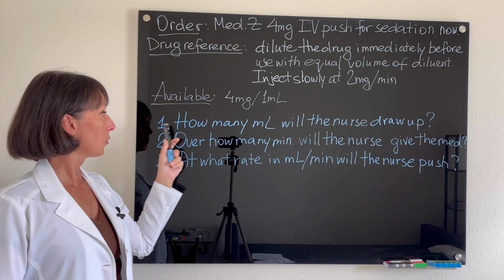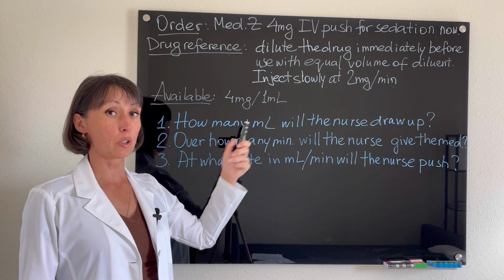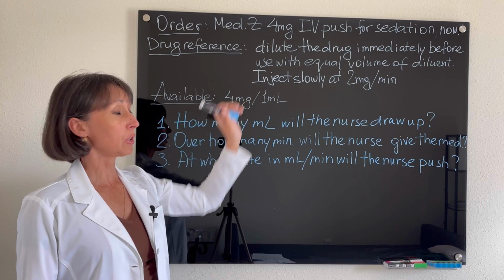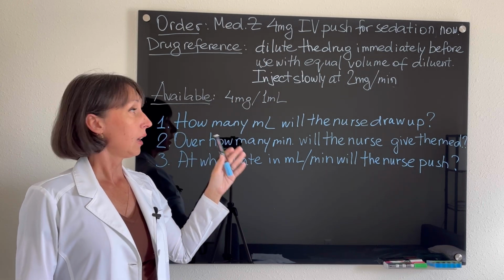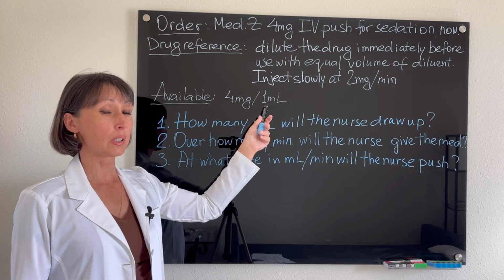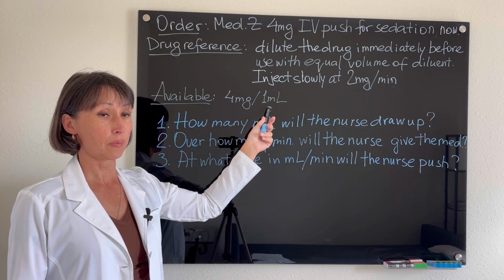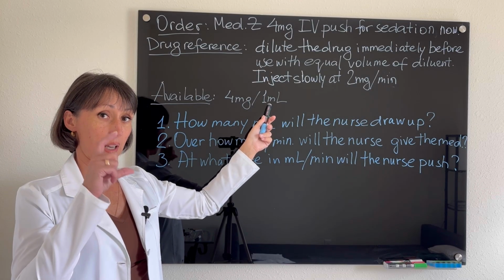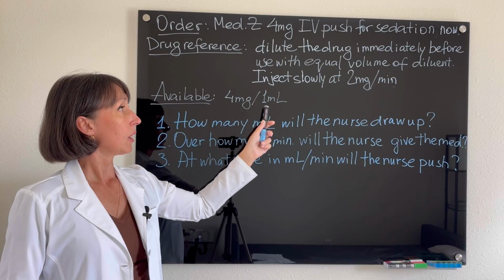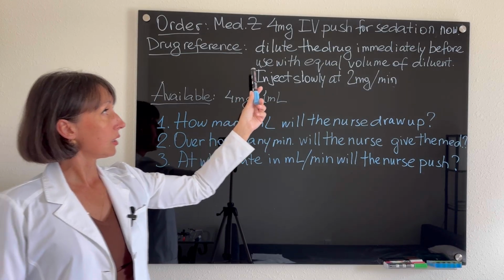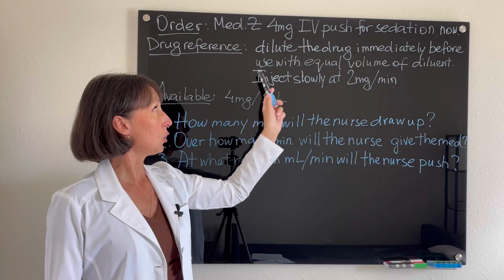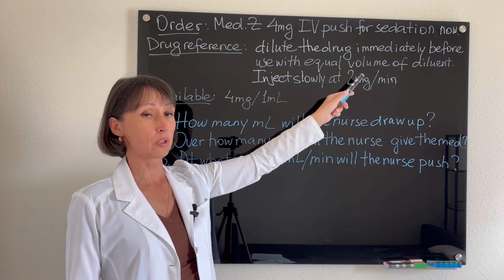First of all, how many milliliters will we draw up in a syringe? Let's go back to the order and see that we have to administer 4 milligrams. And what do we have available? 4 milligrams is in 1 milliliter. So we at least will have 1 milliliter of liquid in our syringe. But let's take a look at the instructions. We have to dilute the drug immediately before use with equal volume of diluent.